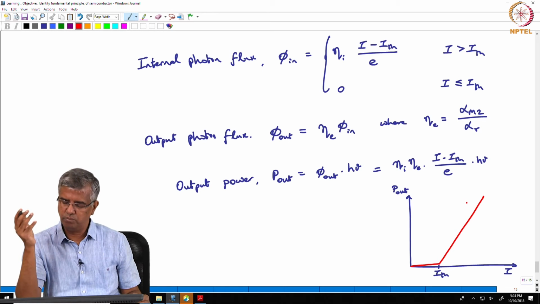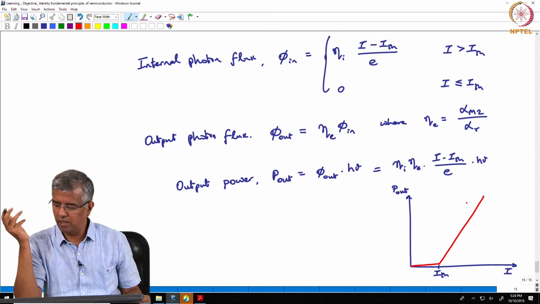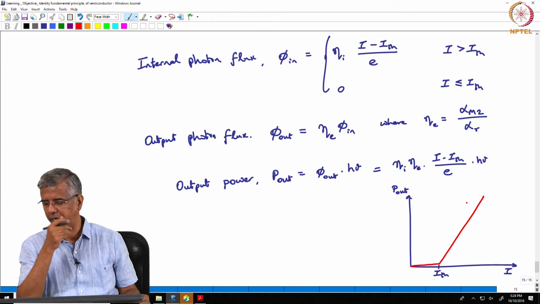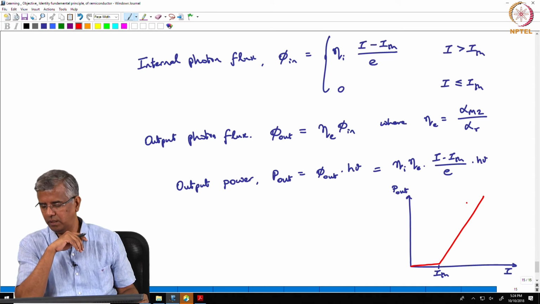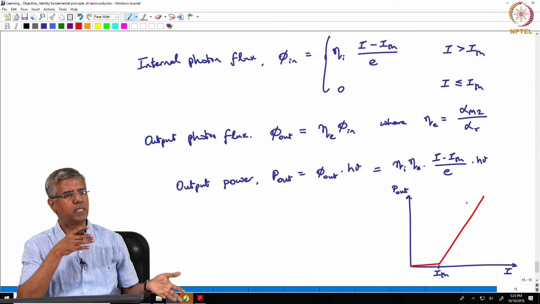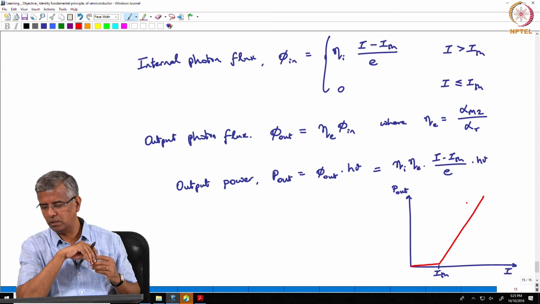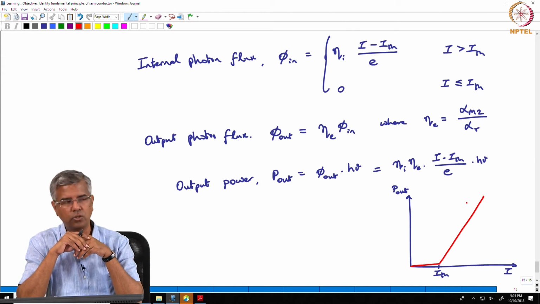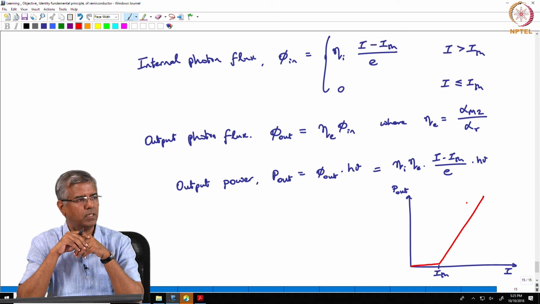So, these lasers are used for a variety of applications, starting from UV lasers. UV lasers could be useful for lithography applications, right.